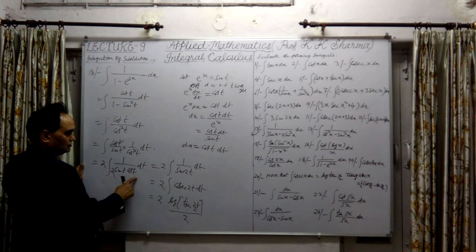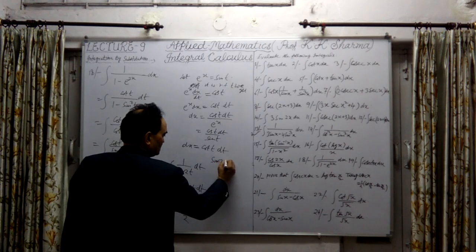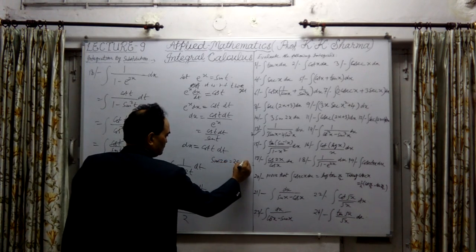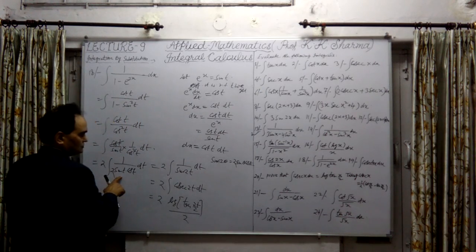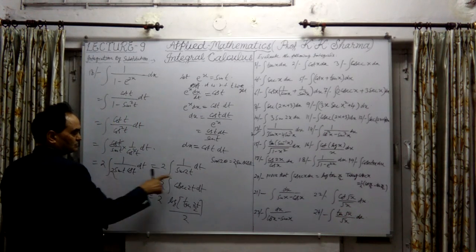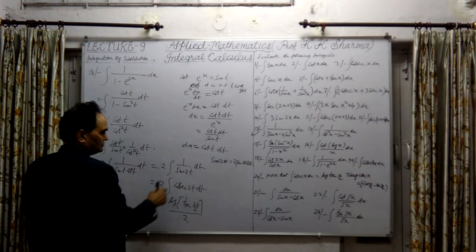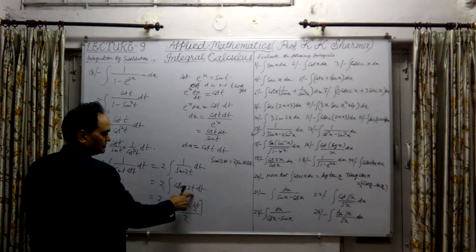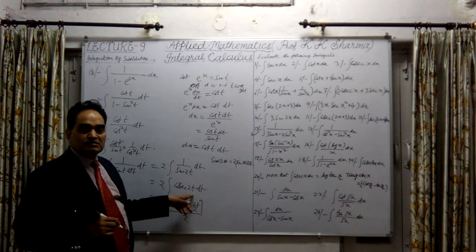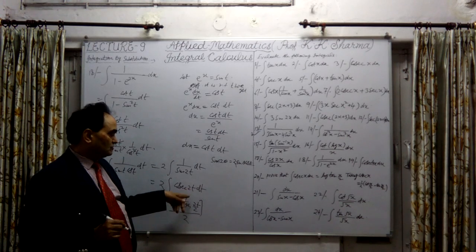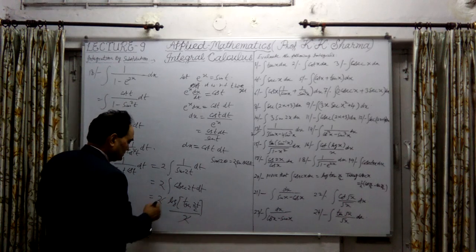We know that sin 2 theta is equal to 2 sin theta into cos theta, so 2 sin t into cos t means sin 2t, and in place of this we replace 1 upon sin 2t as cosec 2t. Now whenever the variable is multiplied by a coefficient, we divide by that coefficient. Now this 2 is cancelled out.